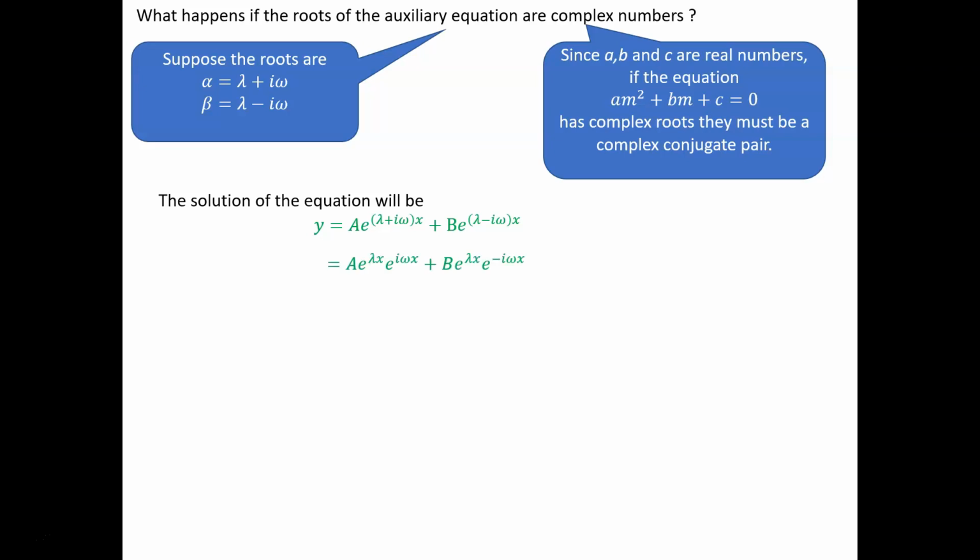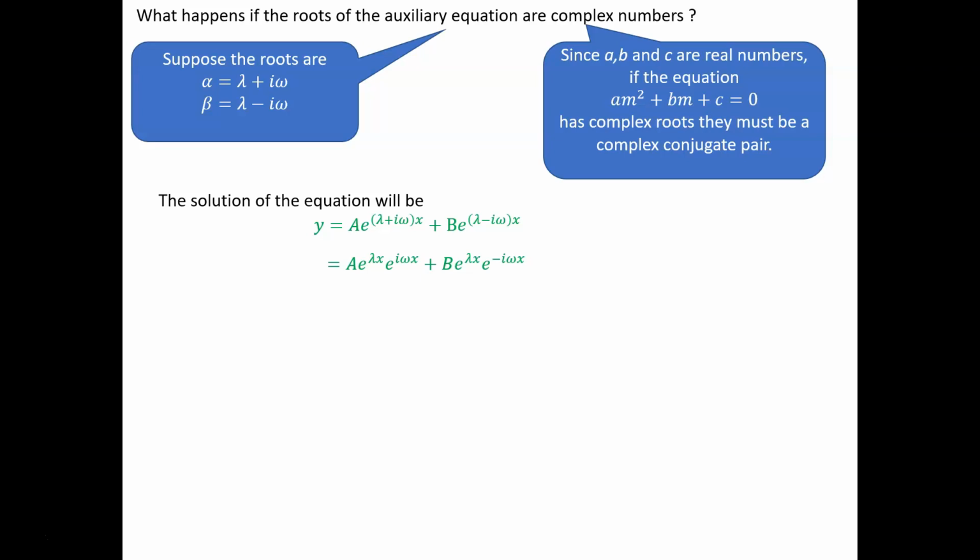Now, we can split the exponential terms up. So e to the (lambda plus i omega) x is going to be the same thing as e to the lambda x times e to the i omega x. Similarly, e to the (lambda minus i omega) x is going to be the same thing as e to the lambda x times e to the minus i omega x.